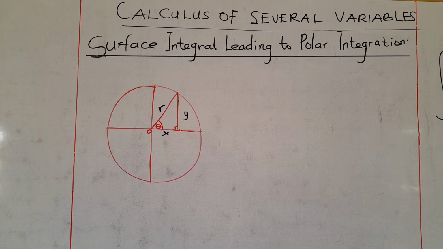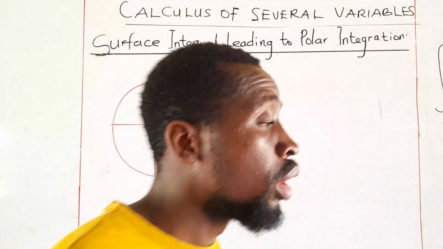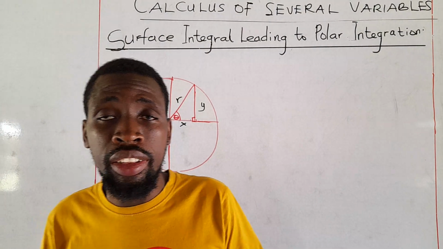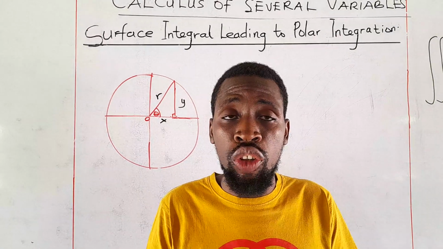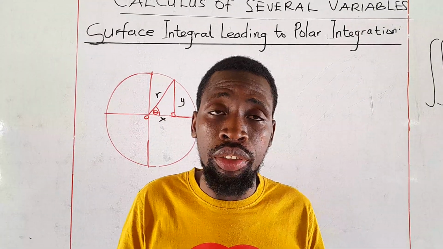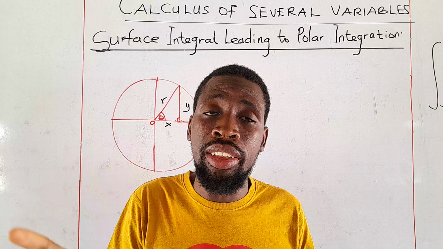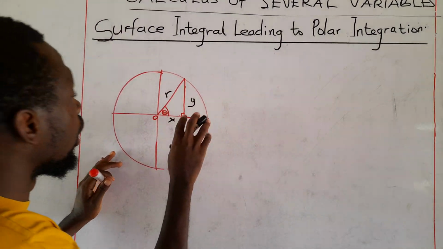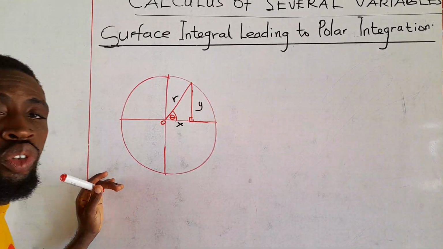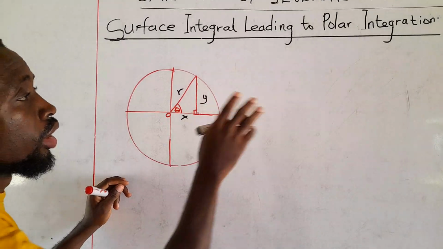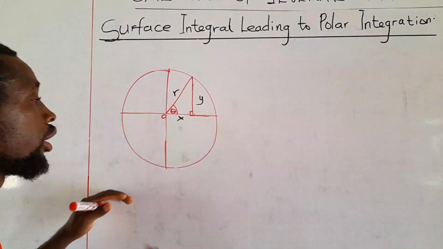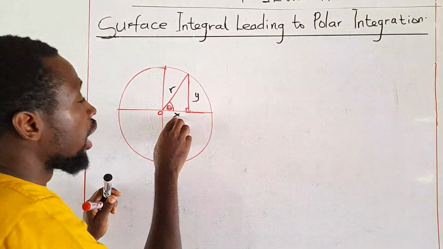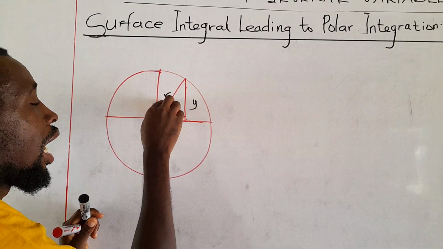When our surface integration problem leads to polar integration, there is a need to switch from normal integration to polar integration. What tools are necessary to switch? Let's say this is our Cartesian plane involving a circle, since a circle also involves polar integration. This is the x-axis, the y-axis, and r.